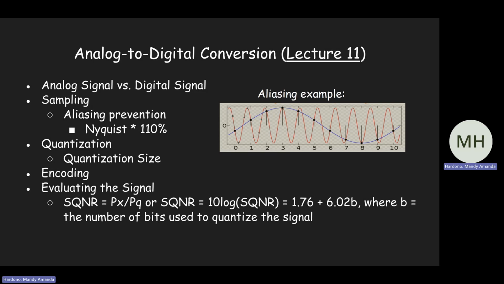Let's say you're using 8 bits to represent each signal sample. You would call that an 8-bit ADC. From this 8-bit ADC you will get 2 to the power of 8 levels. 2 to the power of 8 is 256, so you would be able to represent 256 different discrete values for the signal.